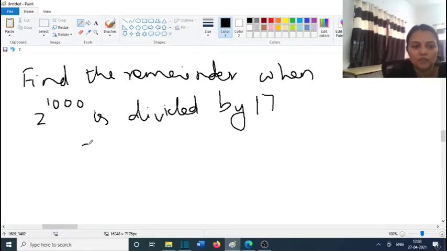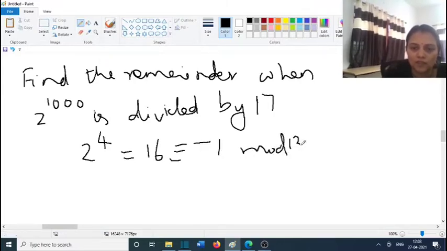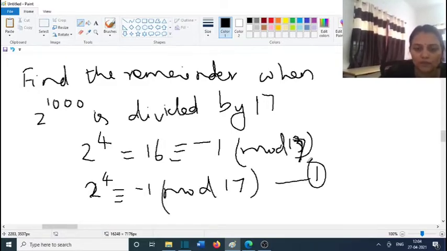So 2 raised to 4 is 16, and 16 plus 1 minus 1, so 16 is congruent to minus 1 mod 17, that is 2 raised to 4 congruent to minus 1 mod 17. This is equation 1.